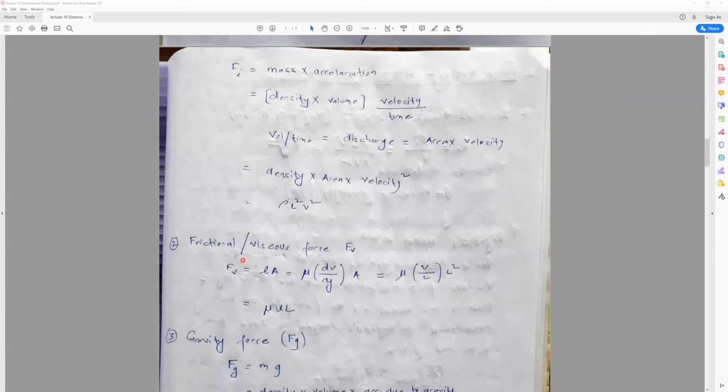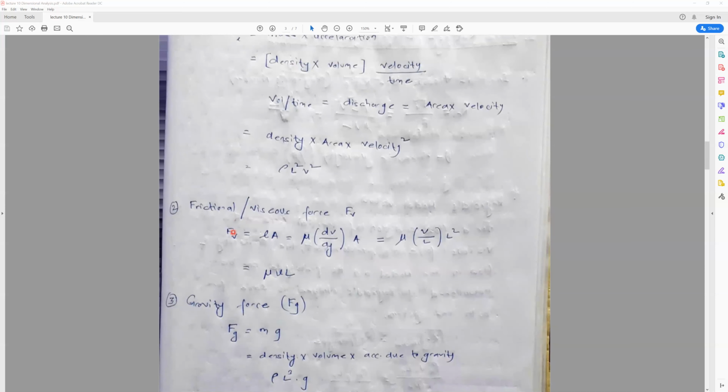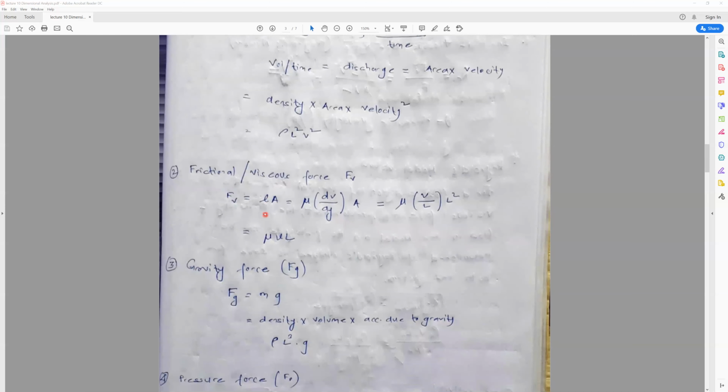Moving on, we have frictional forces, or the viscous force, in terms of fluid. These viscous forces arise when there is a motion in a liquid. There are layers of liquid which glide over one another.